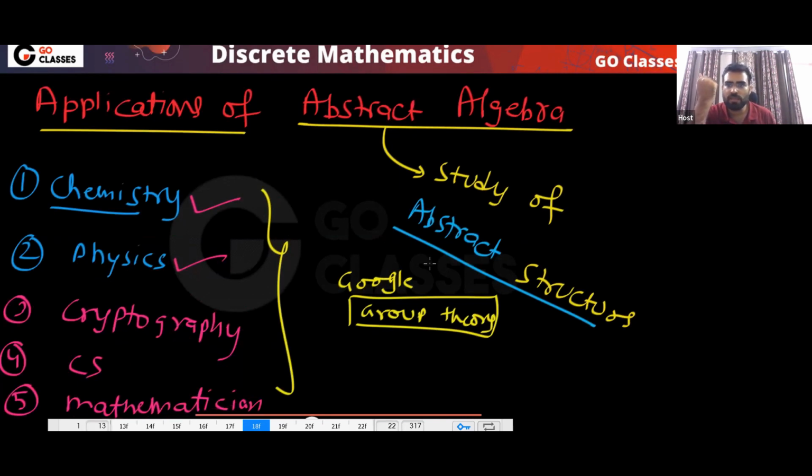So remember, group theory is not only a concept in computer science, it is a concept in almost all the fields, because I told you, in different fields you can have the same structure. Okay, is it clear? In chemistry also you can find the same structure. Many different things have the same structure. So if many different things have the same structure, then you just study that structure, right? Yes or no? This abstract structure you study, and then automatically you can study all the different things.